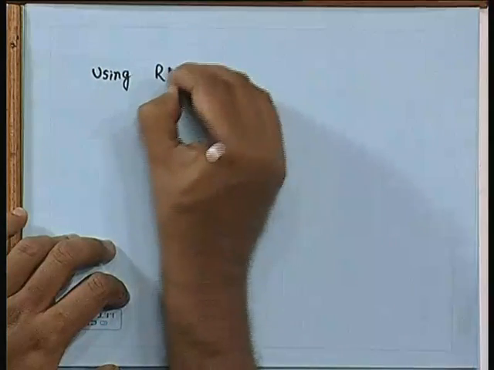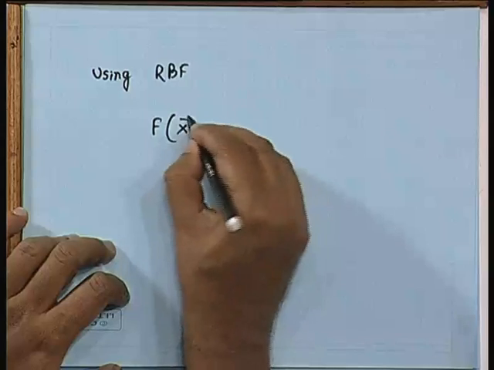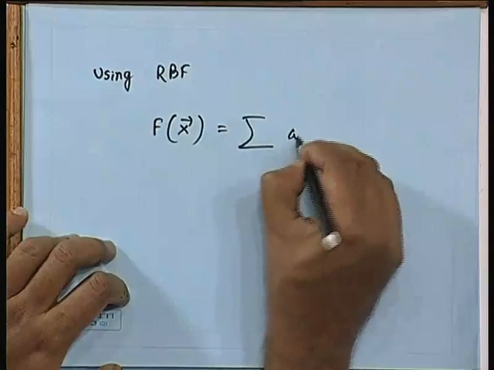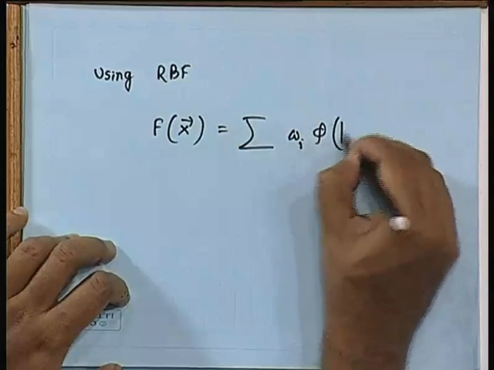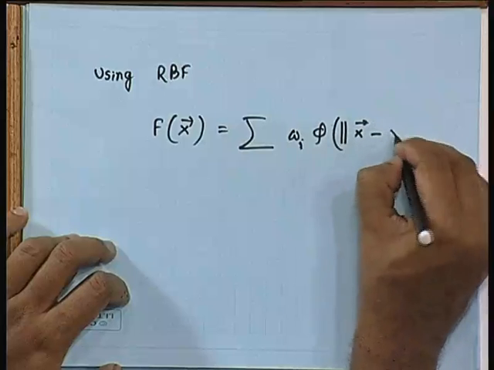So, using RBF, we can obtain the same function f(x) as f(x) equal to summation of w_i times phi, whose argument is x minus x_i.